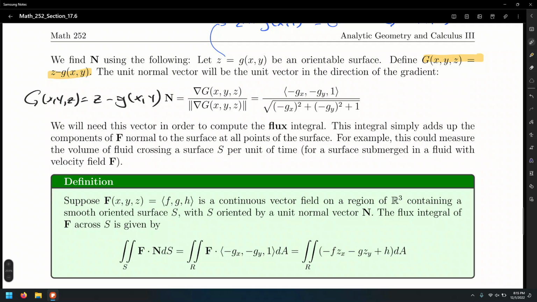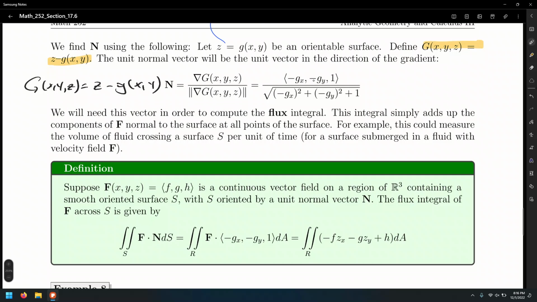That's going to be the normal vectors pointing out, depending on the direction, whether we want to go counterclockwise or clockwise. And how do we get this integral? I know this is going to be a really nasty calculation to do, but check this out.